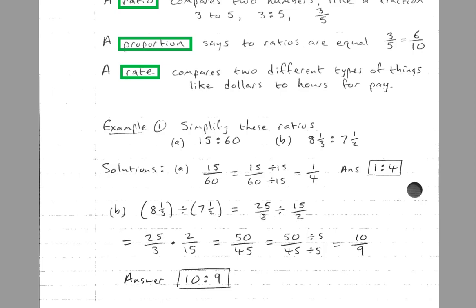Keep, change, flip. So that's equal to 25 over 3 times 2 over 15. Multiply straight across, 50 over 45. Cancel 5s, and we get 10 over 9. So simplifying this whole thing to a fraction, we get 10 over 9, and back as a ratio that's 10 to 9.